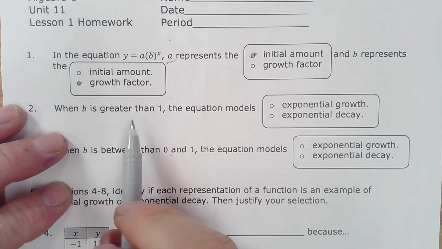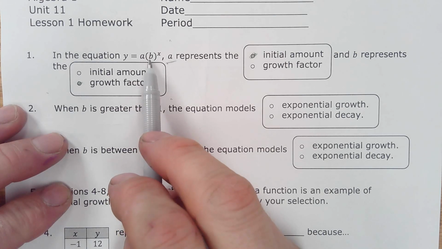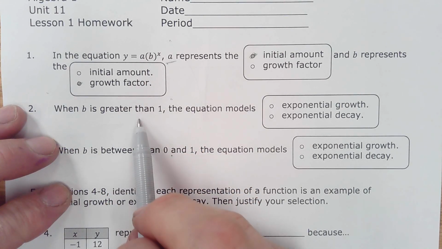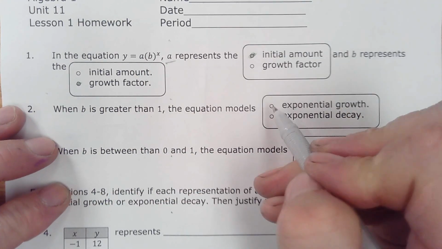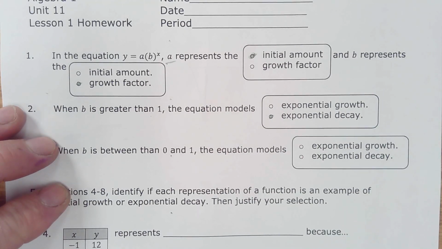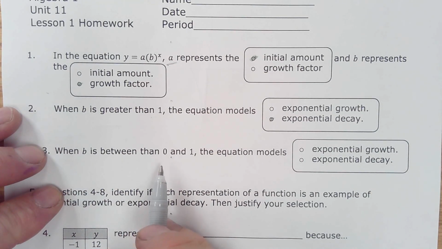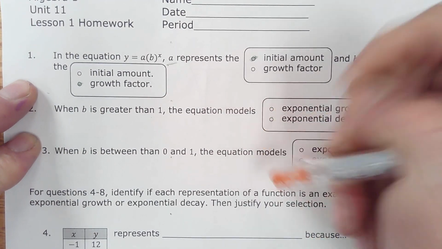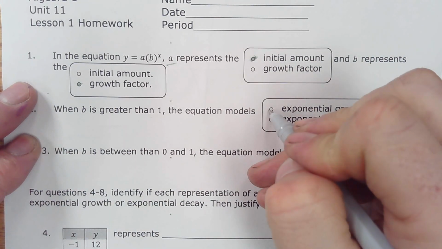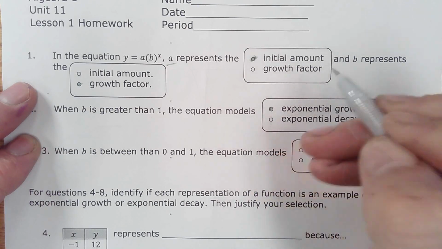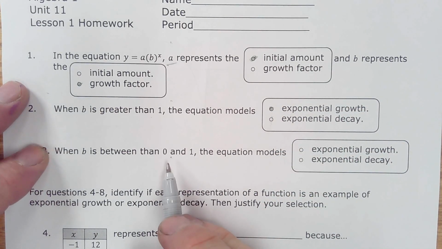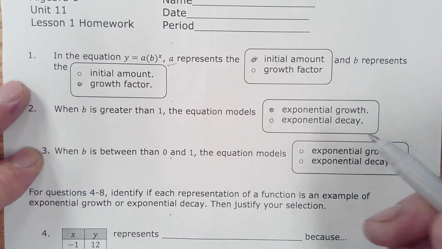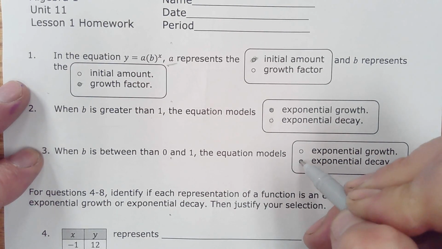If whatever is in my parentheses ends up being less than 1, it's going to decay. It's going to get smaller and smaller and smaller. If b is between 0 and 1, this is going to be a decay.